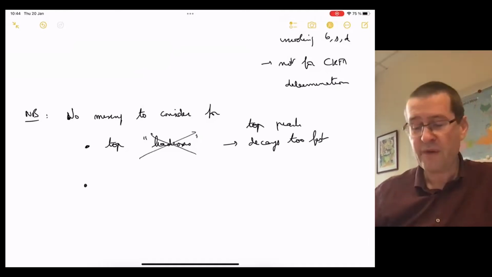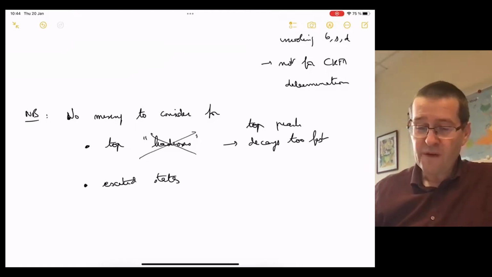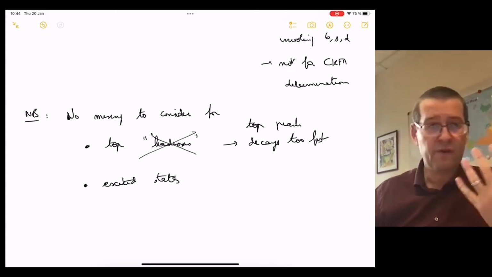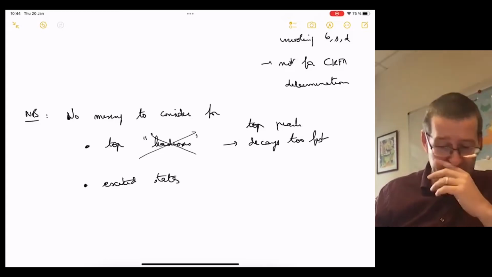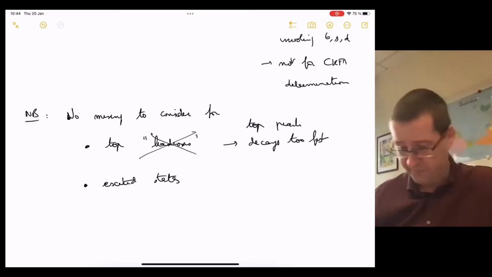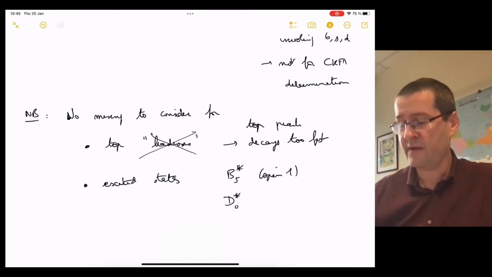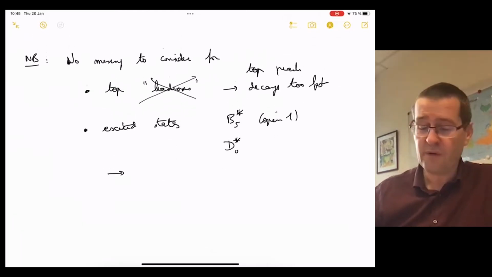The second thing, which is probably a bit more interesting to discuss, is excited states, because in principle what you have is, for instance, a b quark and an anti-s quark, or these kinds of things. I focused on the spin zero, the lightest states that I can imagine, but I could imagine excited states. For instance, what about B_s star, spin 1? You have things like D star 0, spin 1 also. But for those ones, it's exactly the situation I discussed before.